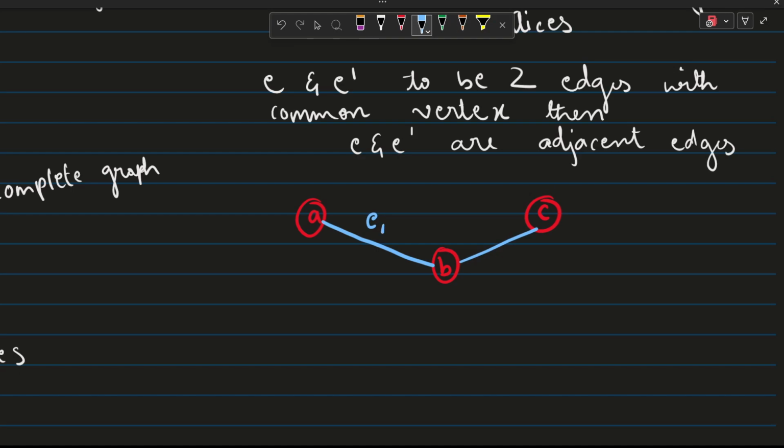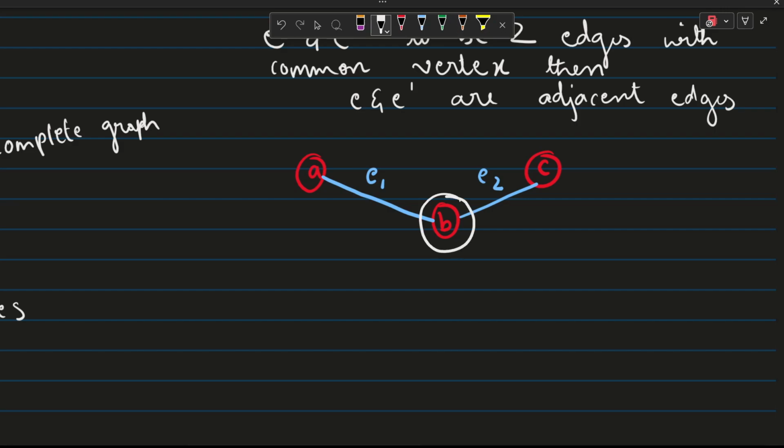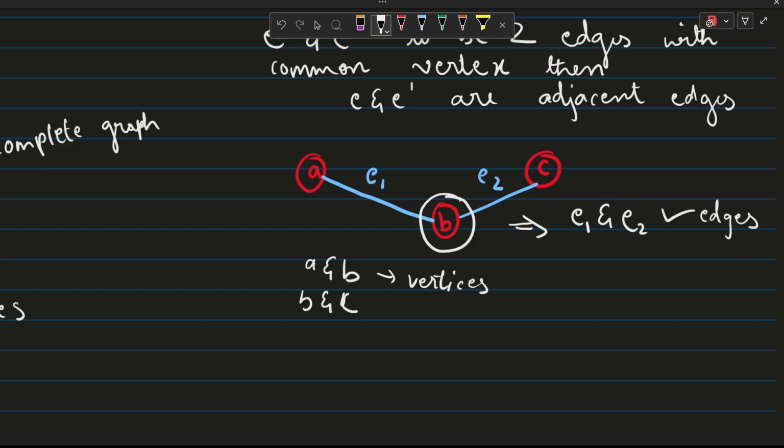Edges E1 and E2 are said to be adjacent because they have a common vertex B. In this, E1 and E2 are adjacent edges. Similarly, A and B are adjacent vertices. B and C are adjacent.